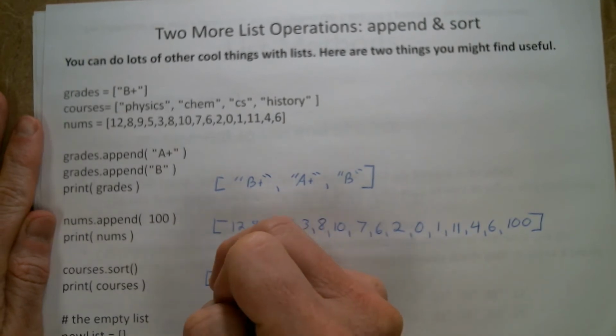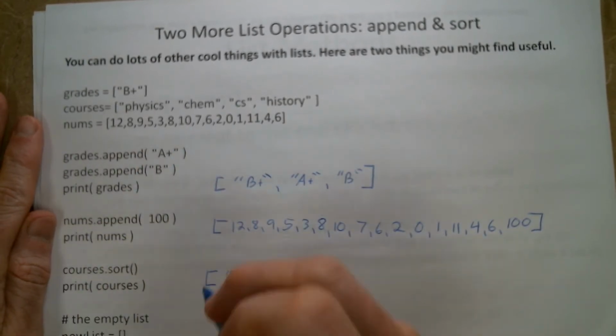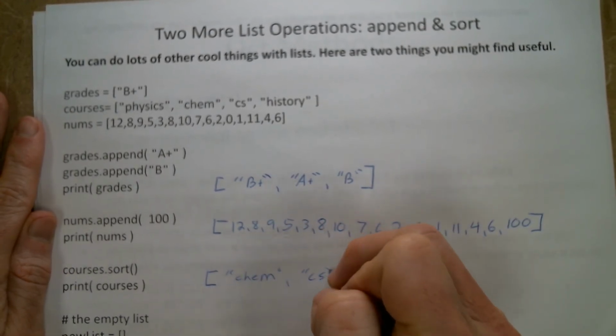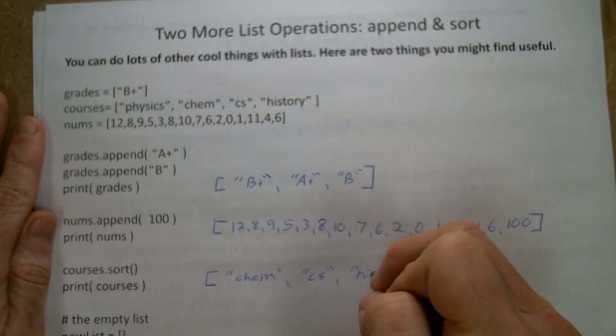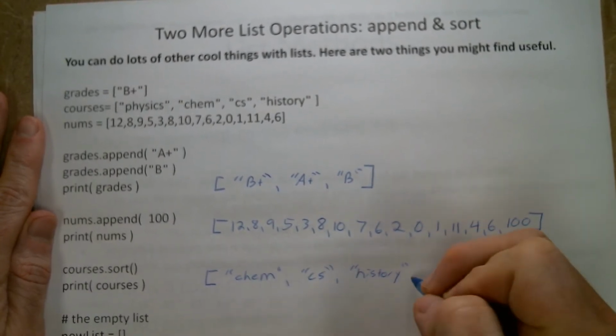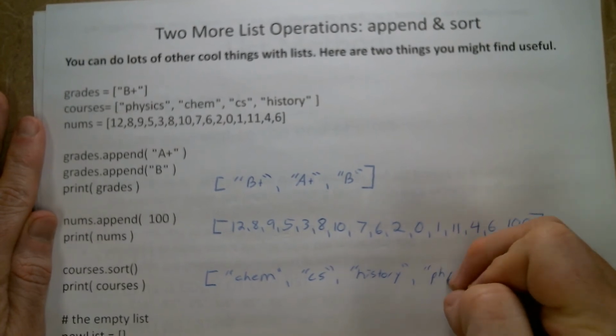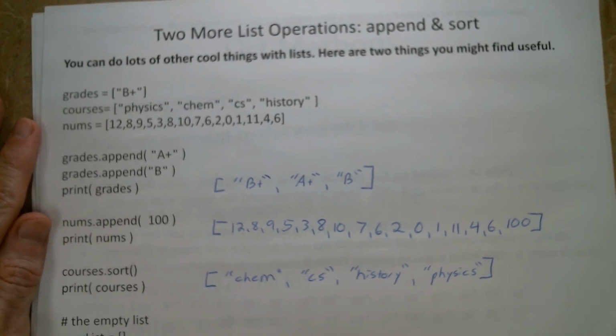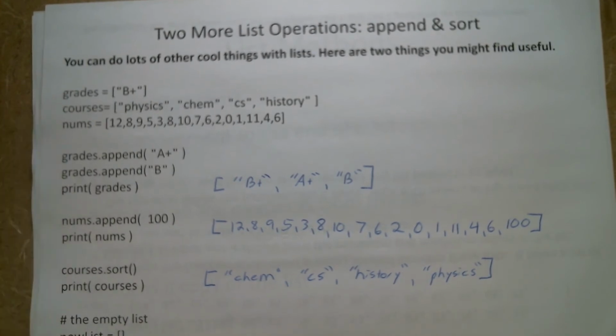So it's going to take this physics, chem, CS, history and turn it into chem, CS, history, and physics. So that's super useful that we can very quickly take our lists and get them in potentially the exact order that we want them in, or at least in alphabetical or numerical order. Now, when I say it sorts it alphabetically, there's some disclaimers there that we'll get to in a couple slides.